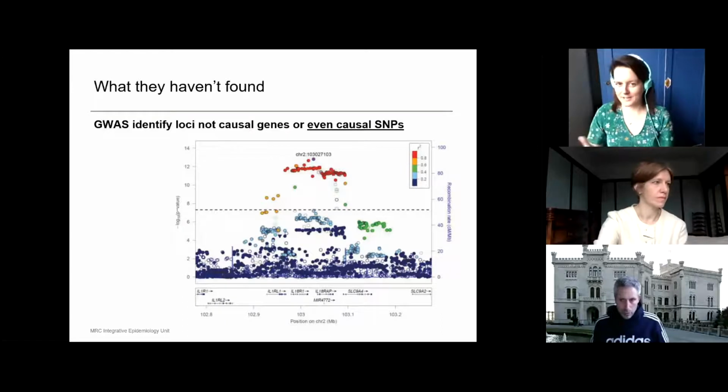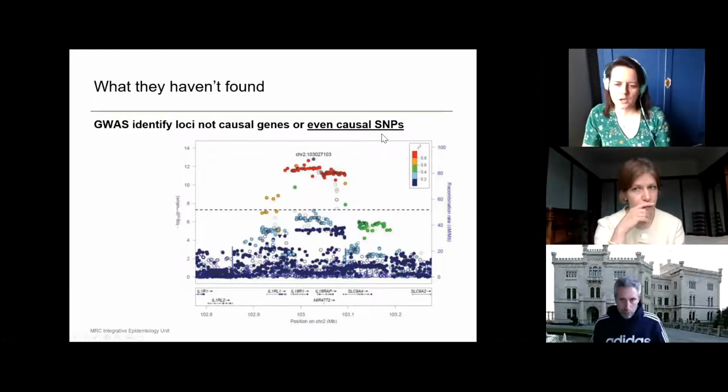I just wanted to talk a little bit about, although we have found these loci associated, what haven't we found? GWAS are really designed to identify loci and not causal genes, which is maybe what we're more interested in, or not even to identify causal SNPs.